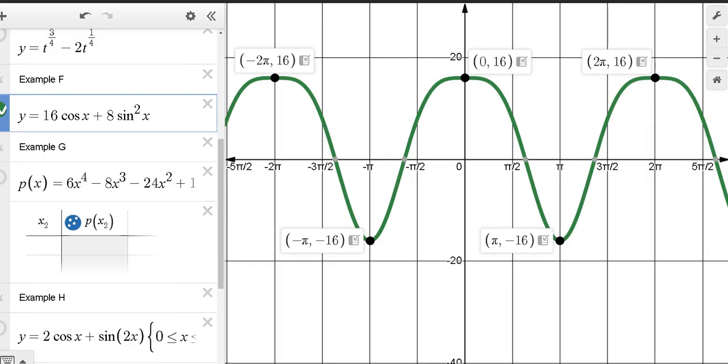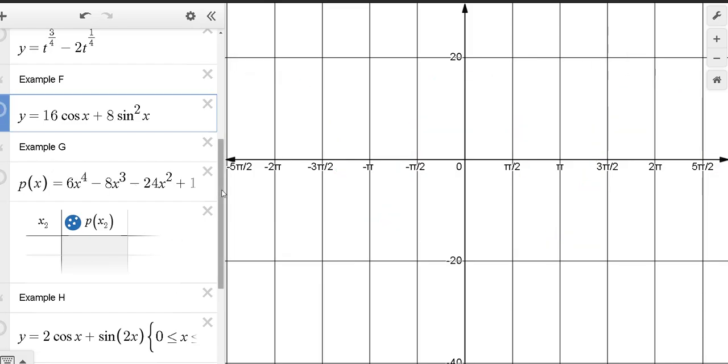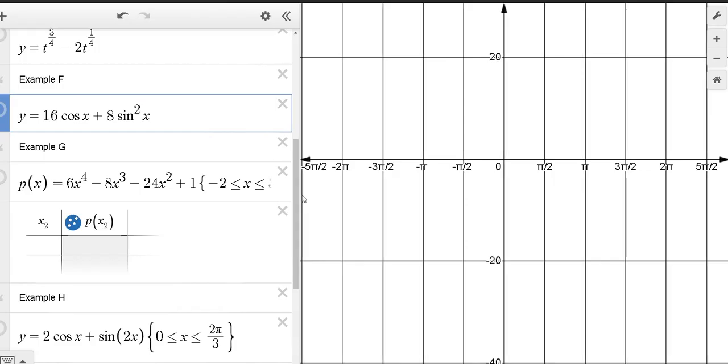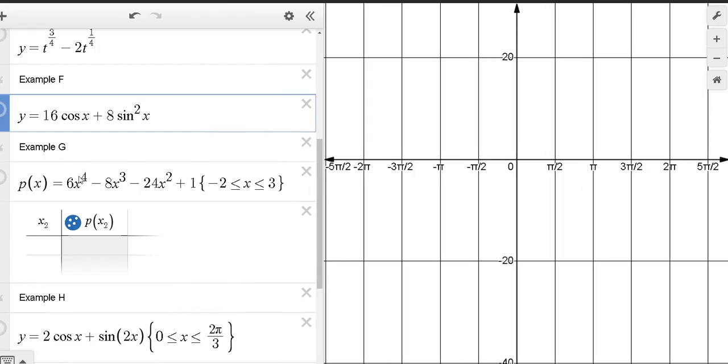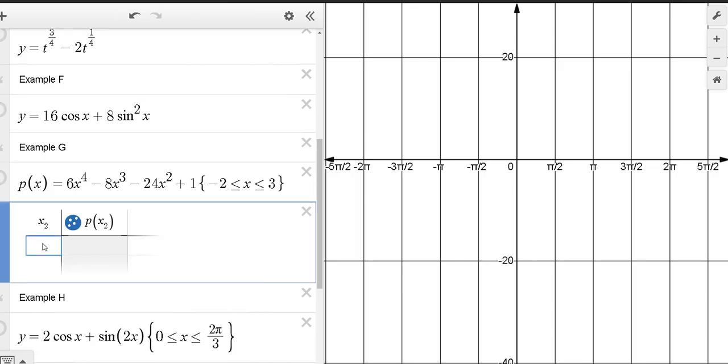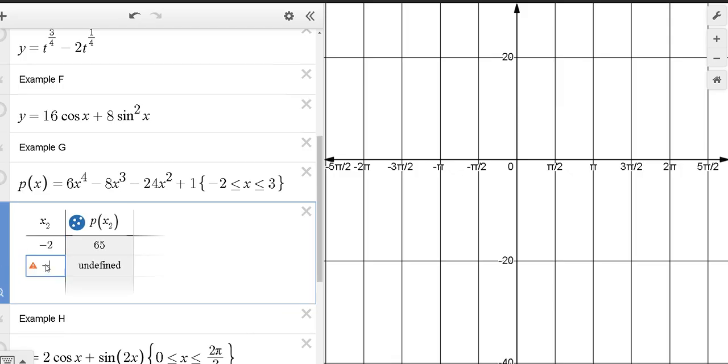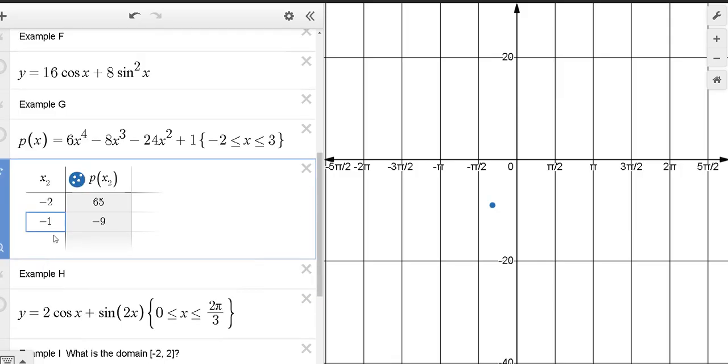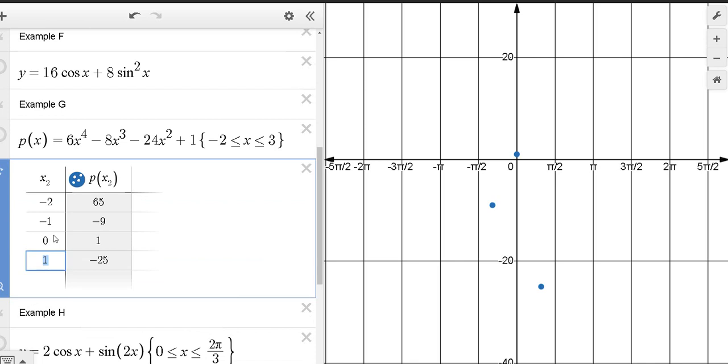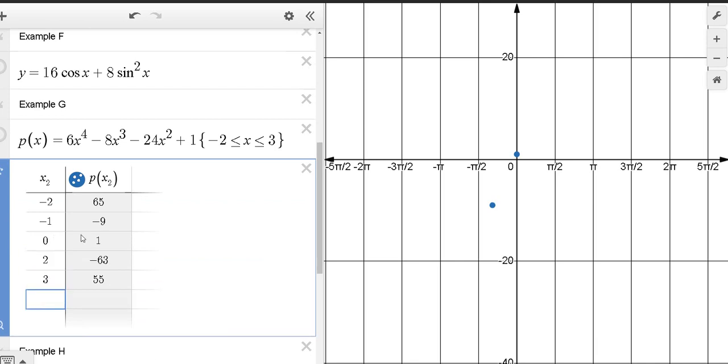Now, in case you haven't played with it before, you can do that in Desmos. So what I did is I defined this function like this. Then I can make myself a little table. I can plug in -2, -1, 0, 2, and 3. So nice. Let's fill in our little table here.